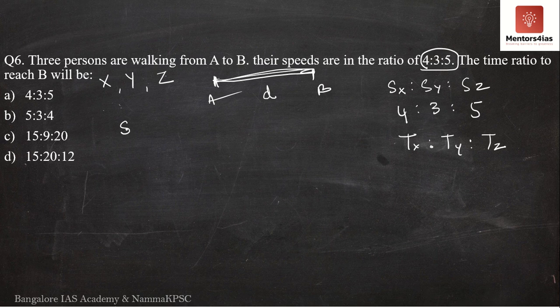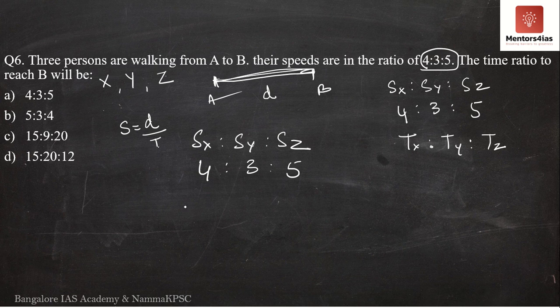Now we know that speed is equal to distance by time. So if speed is equal to distance by time, and Sx is to Sy is to Sz is 4 is to 3 is to 5, can we substitute Sx, Sy and Sz as d by t?